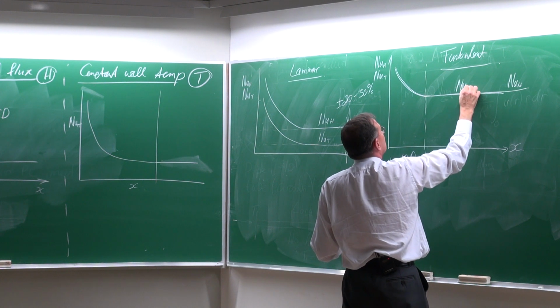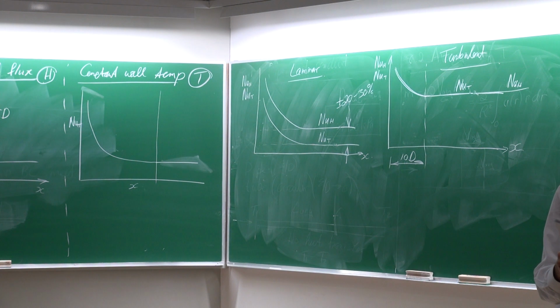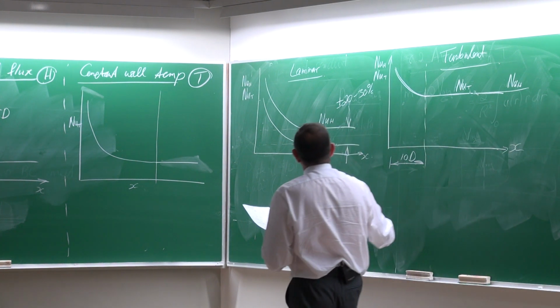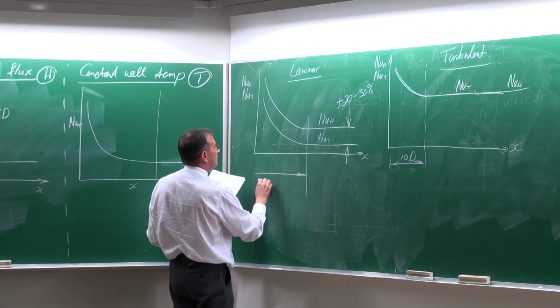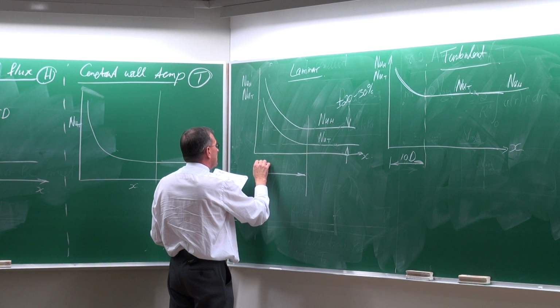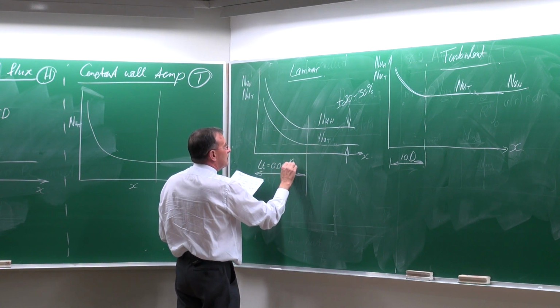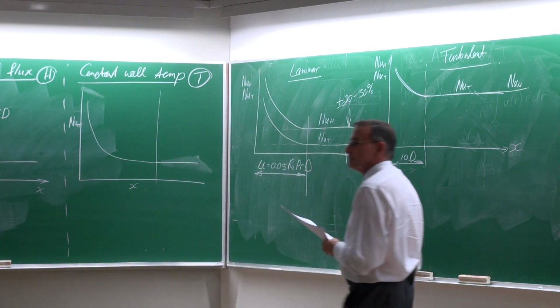And the Nusselt T line. So what is the bottom line? Okay, that is 10 diameters. And that distance LT is equal to 0.05 Reynolds multiplied by the diameter.